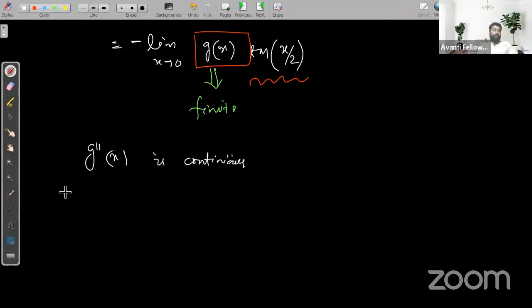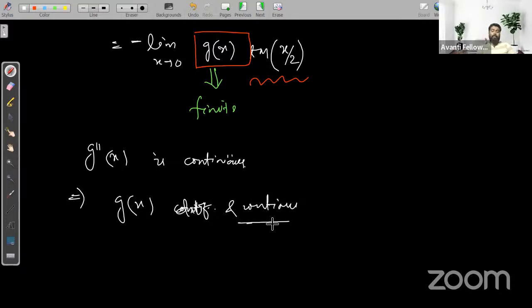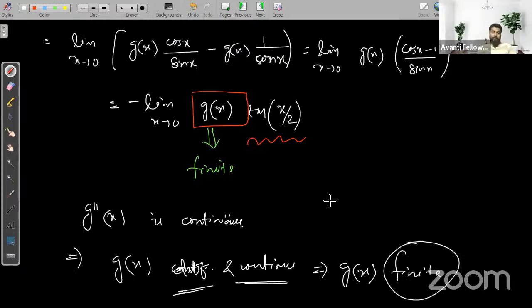That means g of x must be continuous and differentiable. If g of x is continuous and differentiable, then g of x is finite, and this limit will be 0.